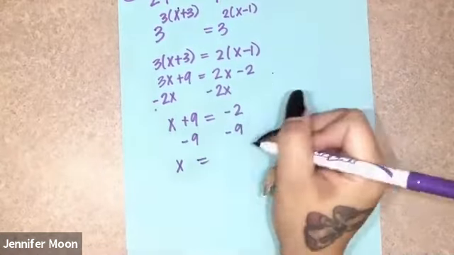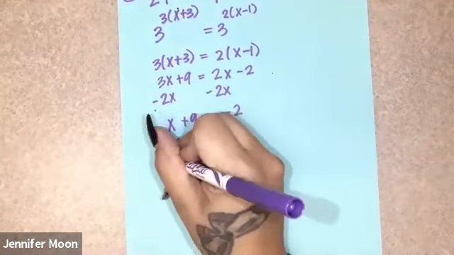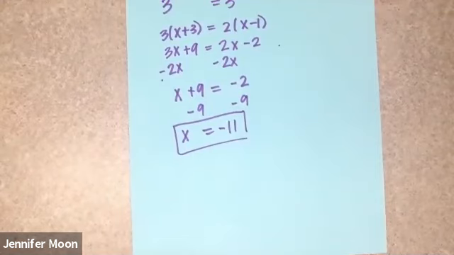I get x equals a negative 11. They'll, of course, throw problems in there that look really scary. As long as you understand the exponent rules and can refer to them, you should see how you can change the base, and then that way you just go ahead and cancel them. Okay.